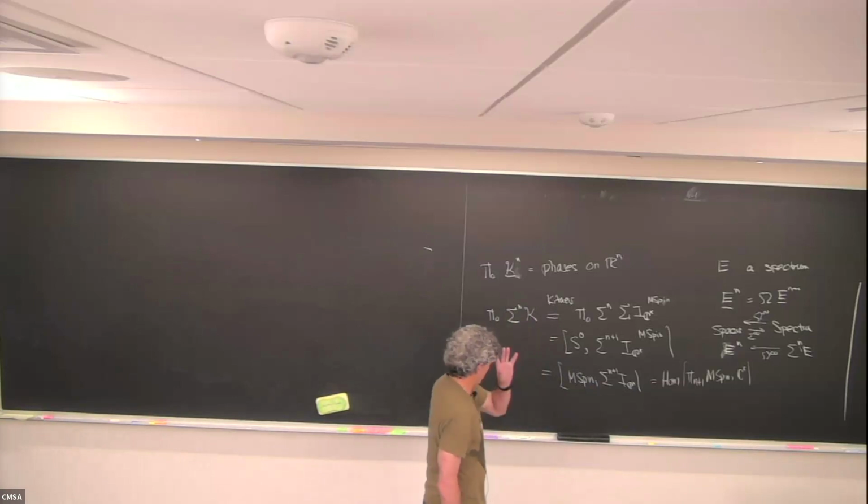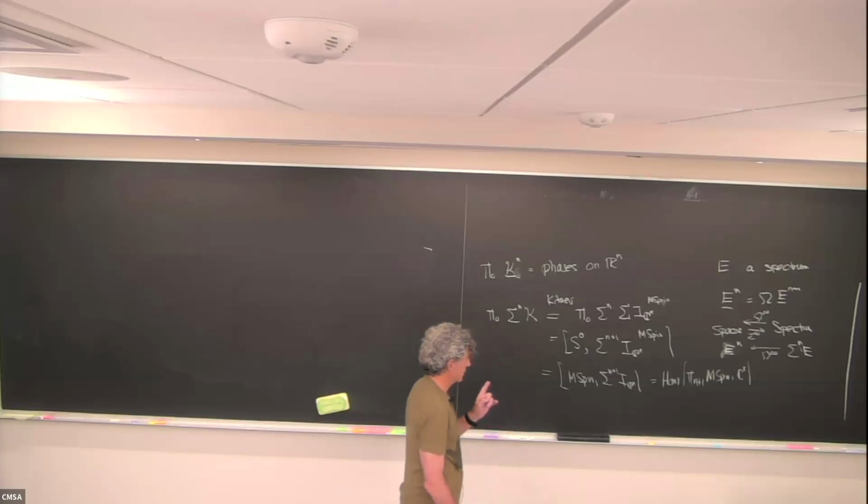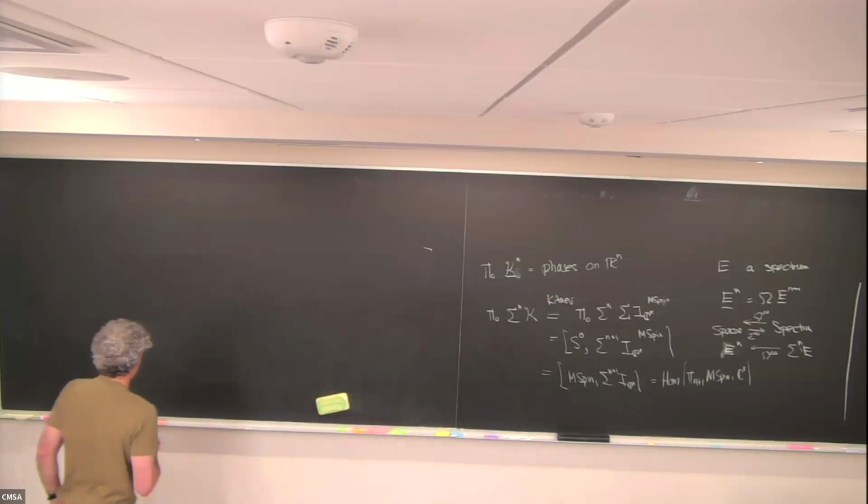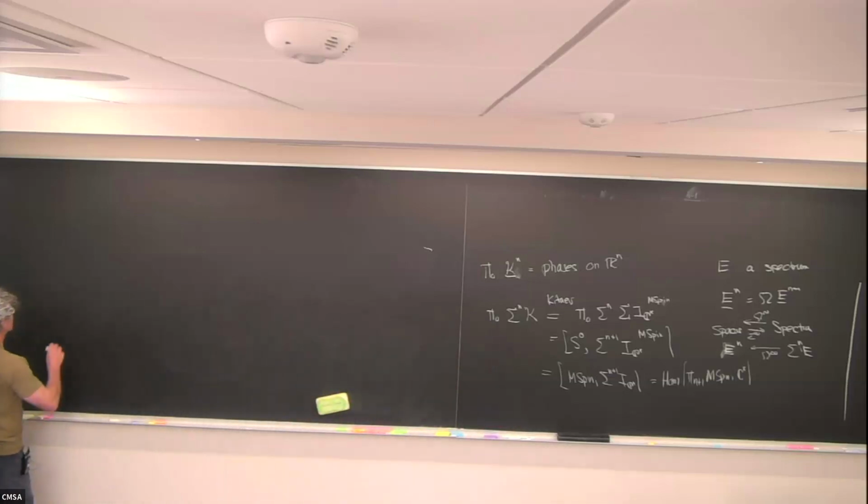Before I do that though, let me tell you a little bit about the spin bordism groups. Pi 0 of spin bordism is Z. Given a 0-dimensional spin manifold, you just count the number of points according to orientation. Pi 1 of spin bordism is Z mod 2, generated by the two possible spin circles.